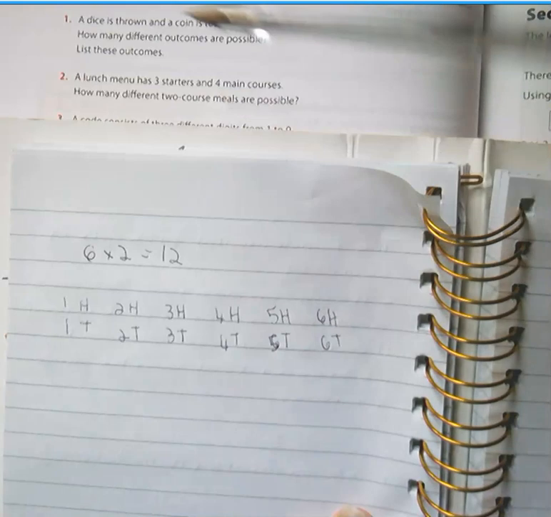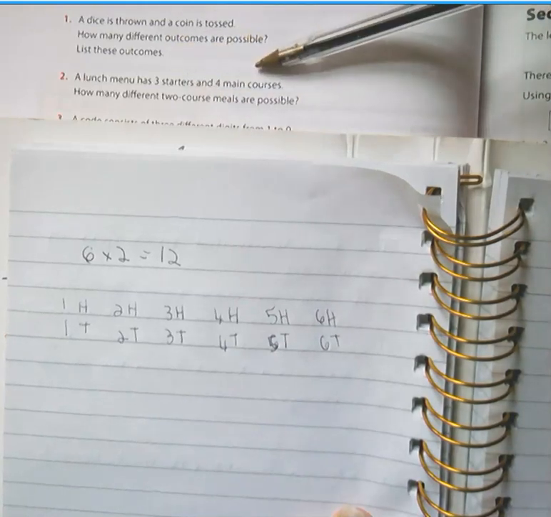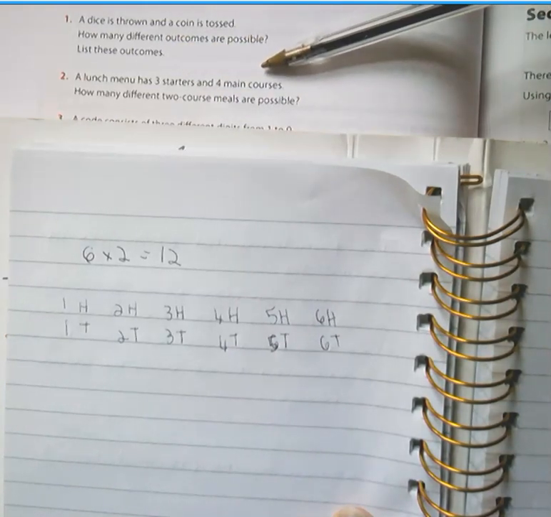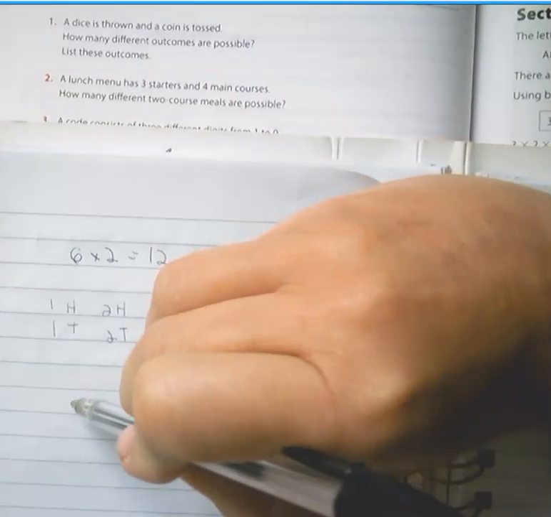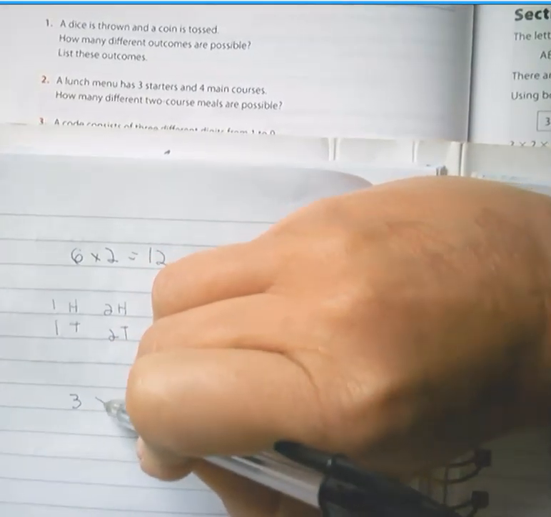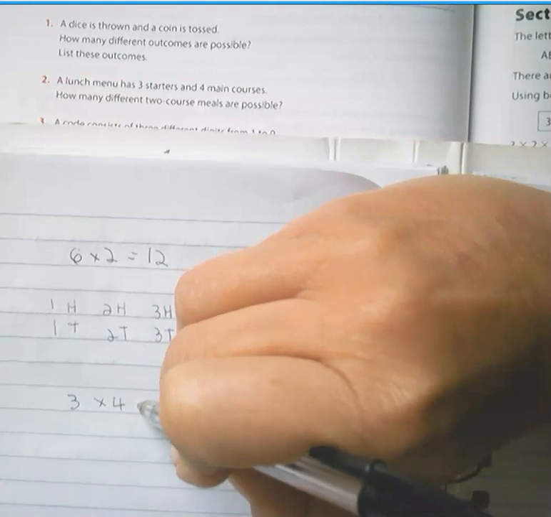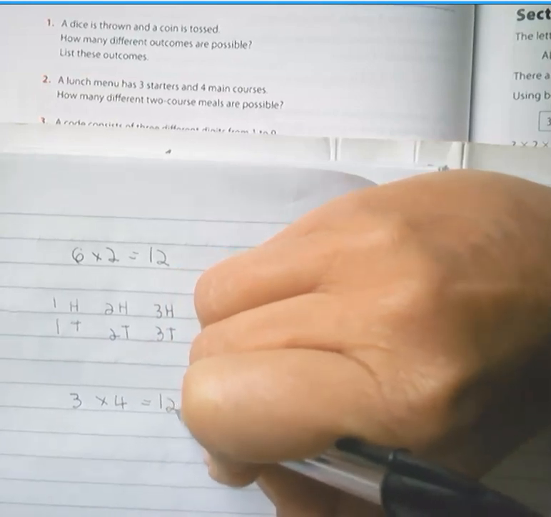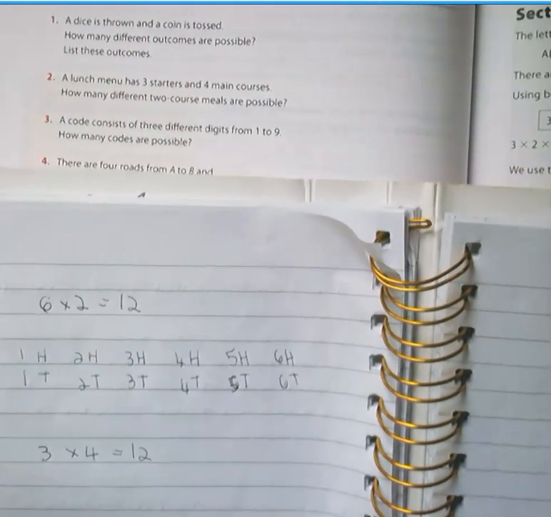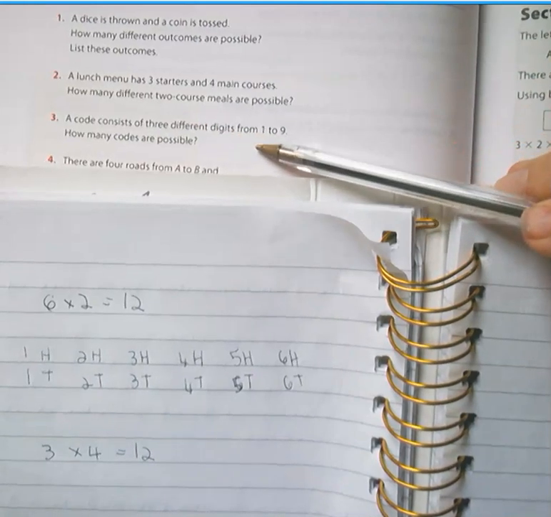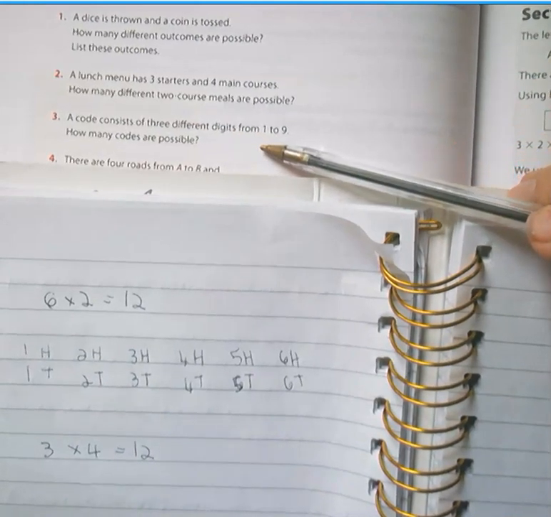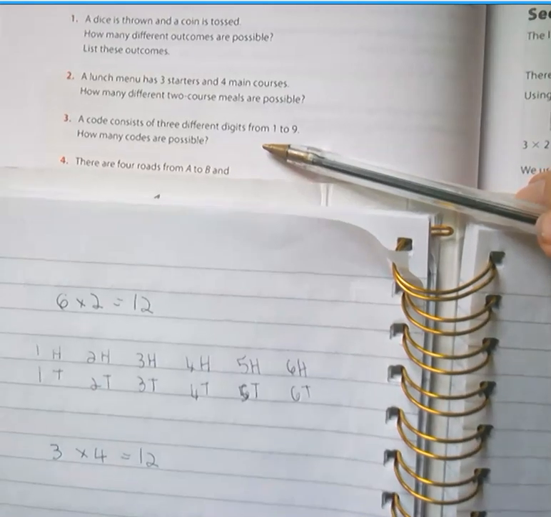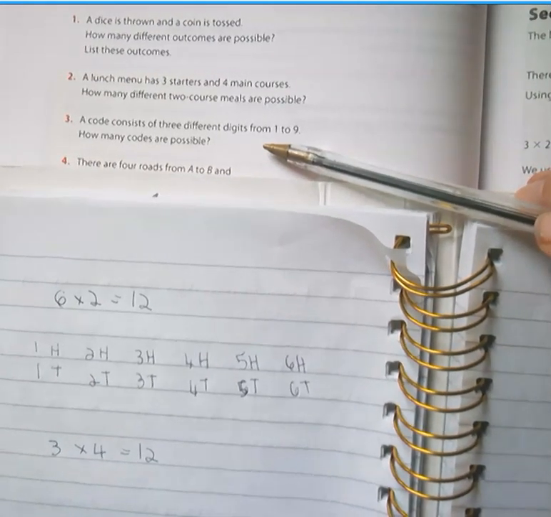Second example here, it said a lunch menu has 3 starters and 4 mains. How many different 2-course meals are possible? So you've got 3 starters times 4 mains, which means you've got 12 options. Okay. Question 3, a code consists of 3 different digits from 1 to 9. How many codes are possible?